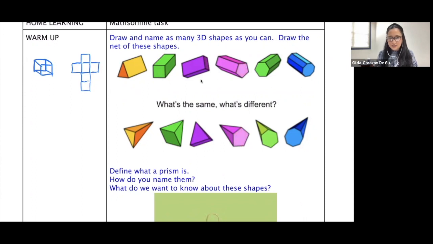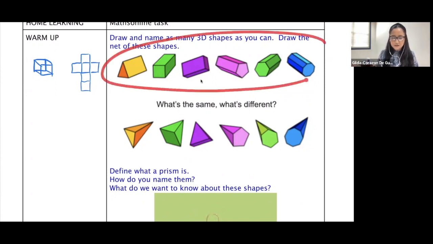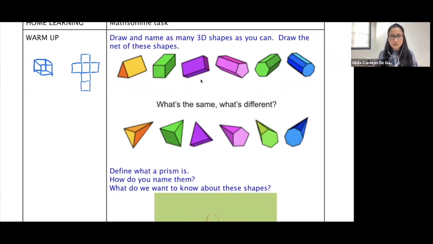But what's different is that if you slice these shapes, these ones here, then all the slices would be uniform in shape, right? And in size, okay? But if you do that for this one here, then if you slice them, all the slices would get smaller and smaller and smaller, right? Until you just have a dot. The same thing with all these other shapes here, right?